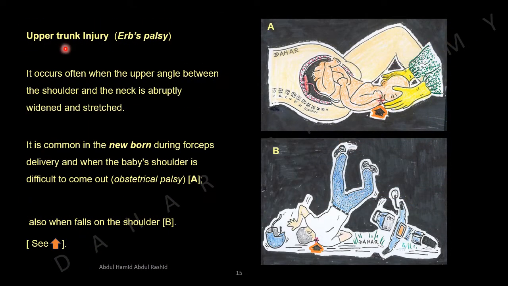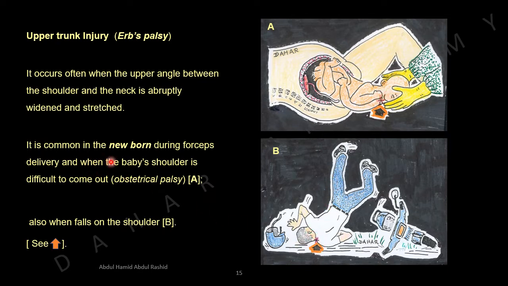Upper trunk injury, Erb's palsy. We have 2 diagrams, A and B. This upper trunk injury, Erb's palsy, occurs often when the angle between the shoulder and the neck is abruptly widened and stretched.